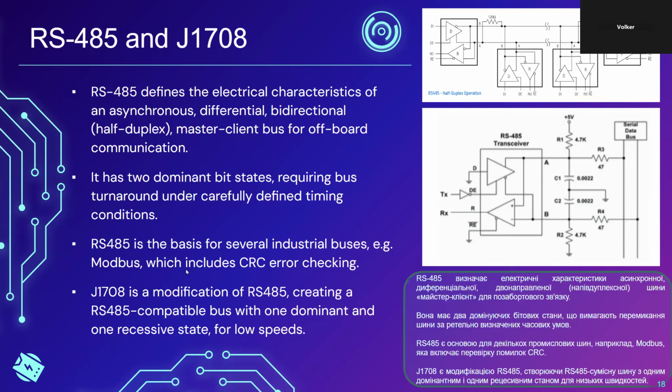There is a trick here, and that is if you look at the picture on the right-hand side, there's a standard RS-485 transceiver. There are many possible RS-485 transceivers. Every large semiconductor company has an RS-485 transceiver in their lineup. And these transceivers all have the same pin out. They're all 8-pin devices.